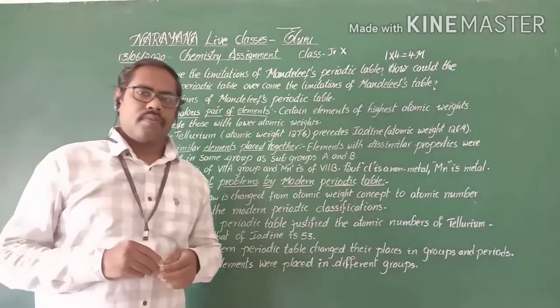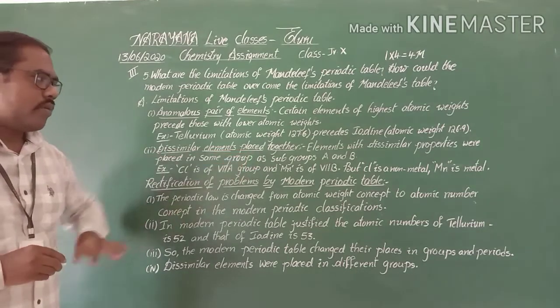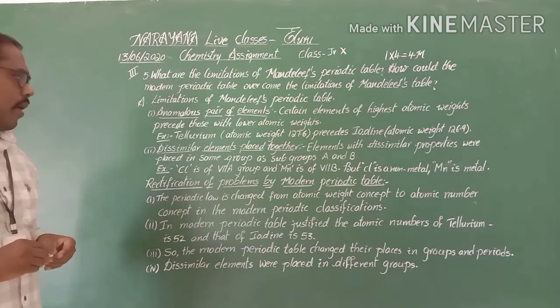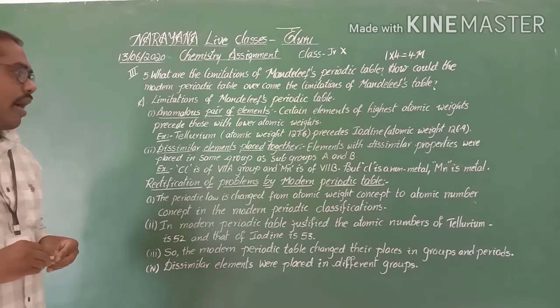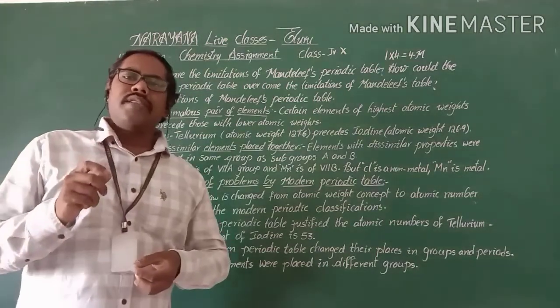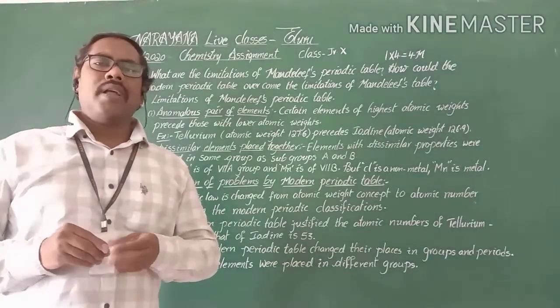Next one. Dissimilar elements placed together. Elements with dissimilar properties were placed in the same group as subgroups A and B. That means actually the elements which exhibit similar properties are placed in one group.